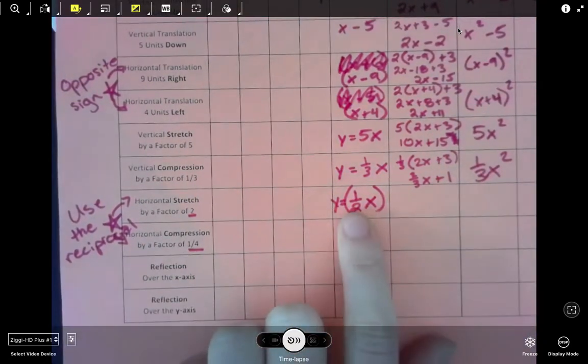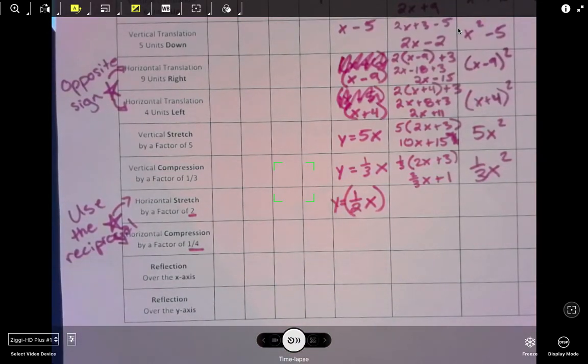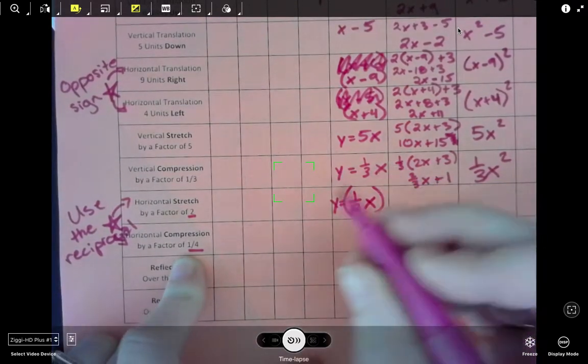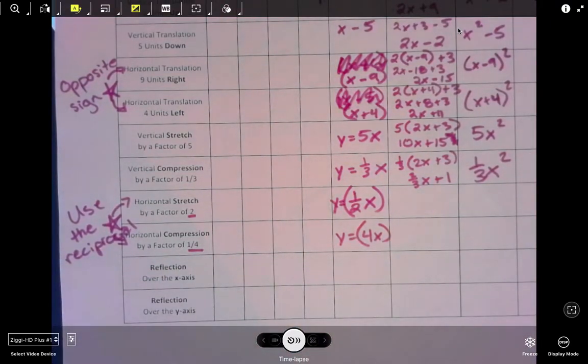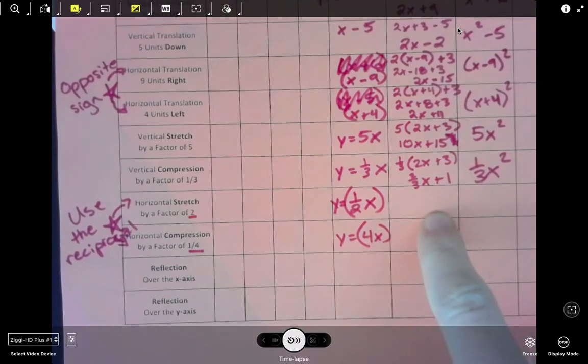For a linear function, it doesn't really make that much of a difference, because 1/2 x in parentheses is the same thing as 1/2 x out of parentheses. It doesn't make any difference, but it will later on. What does the second one look like? Horizontal compression by a factor of 1/4. 4x in parentheses. Now, I put it in parentheses over here so that you can remember to put it in parentheses over here.